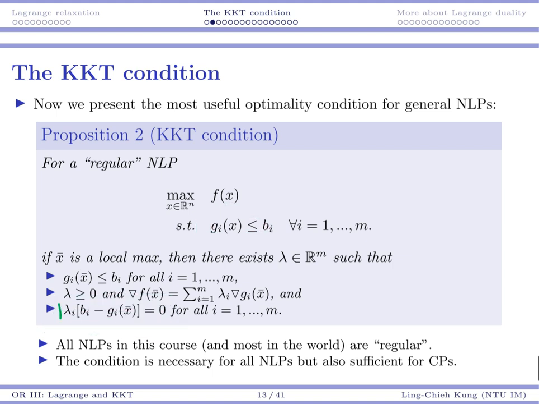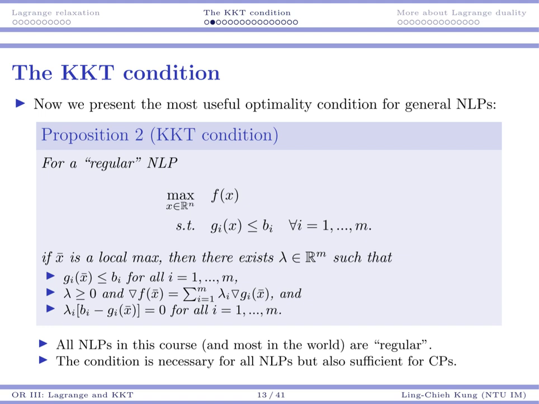So all in all, this is saying that when you have a primal nonlinear program, if your x bar is primal optimal, then you may find a set of dual variables such that you satisfy all these things, including the two solutions satisfying your complementary slackness. Okay, so that's pretty much some intuition.